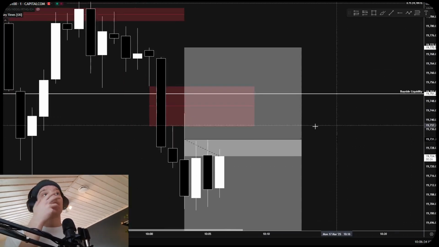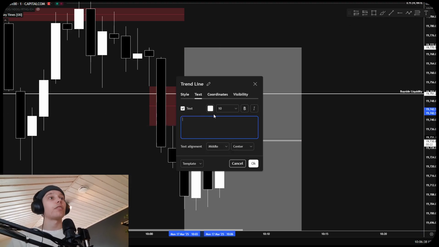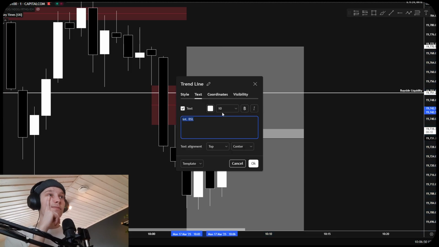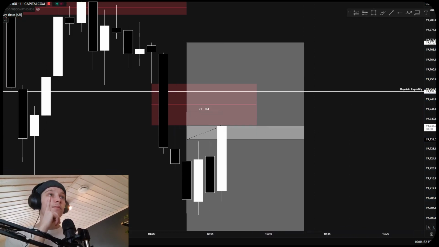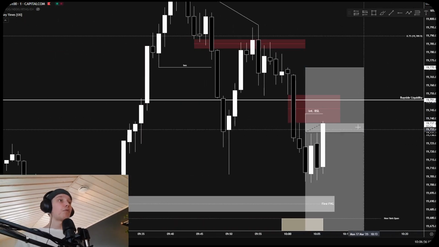But we could easily just liquidate this high once more and still move lower, so there's really no problem here in this internal buy side liquidity. So that could just be liquidated and price still move lower.